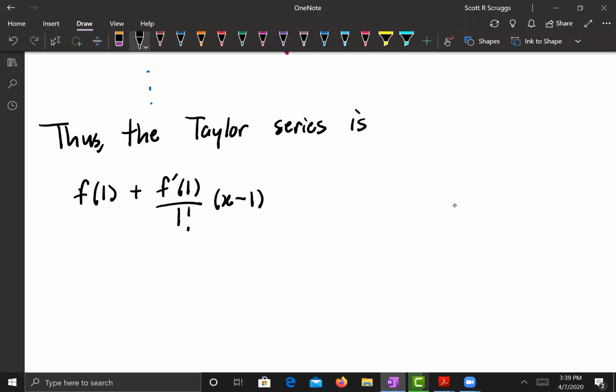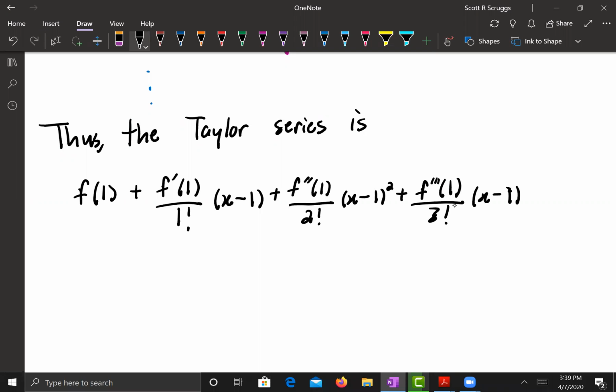Not doing just x anymore because I have a center at 1, plus second derivative of 1 over 2 factorial, x minus 1 squared, plus third derivative evaluated at the center over 3 factorial, x minus 1 cubed, and then I just keep on going forever.